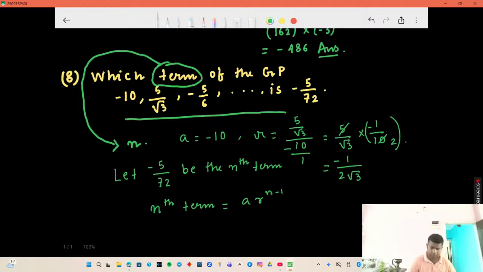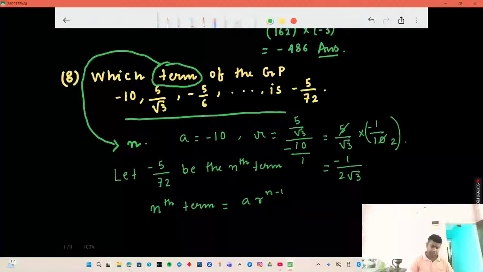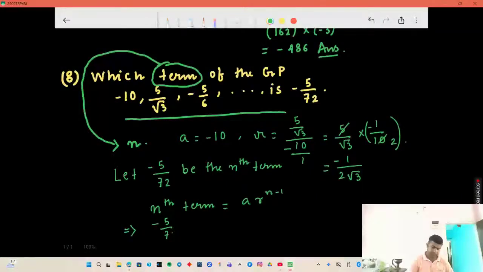Now we know the value of a and r. So the nth term is minus 5 by 72 equals, what is the value of a? It is minus 10 into, what is the value of r? The value of r is minus 1 by 2 root 3, whole to the power n minus 1.